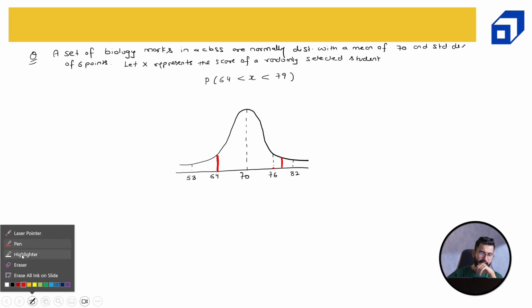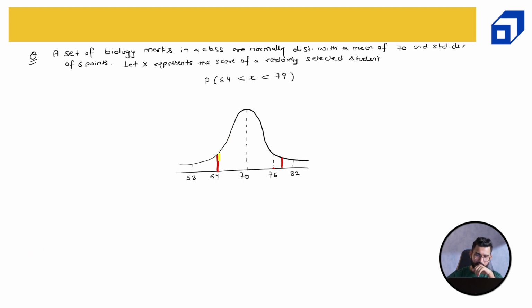Let me just highlight the area. I hope you are able to see the area. It looks like I'm coloring a book, but I hope this makes sense. Now this is the area which I'm interested in.